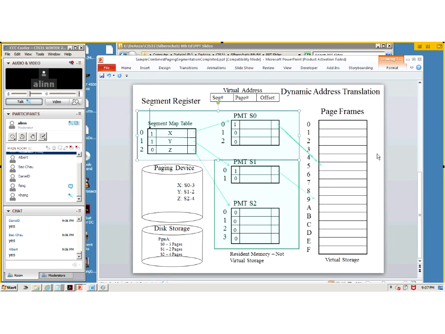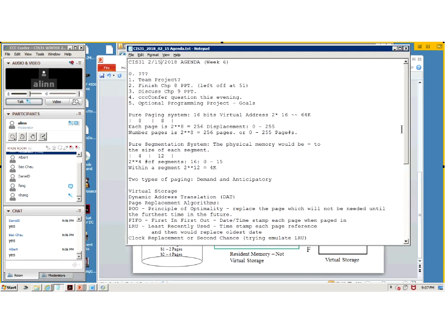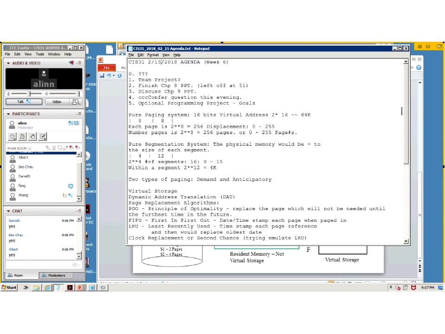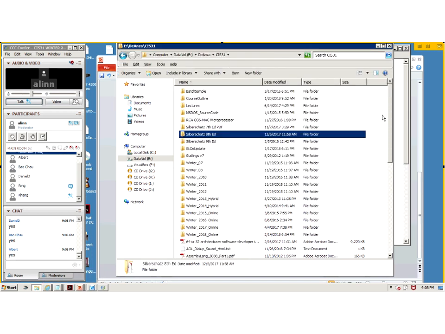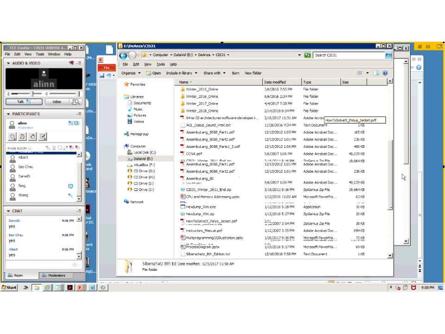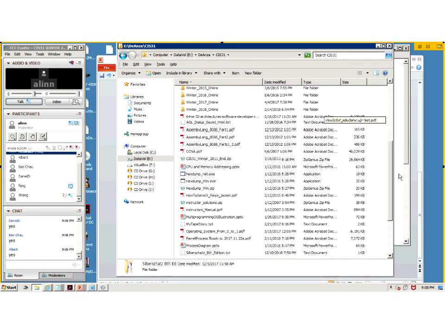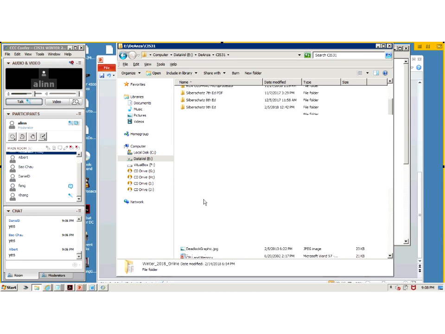We have about 20 minutes or so. There's a chart I would like to share with you. I don't think the chart is here. Let me find it first. It's not there. It must be here.